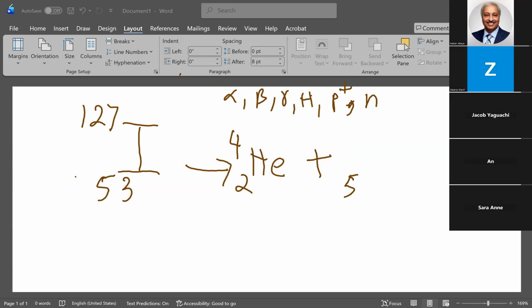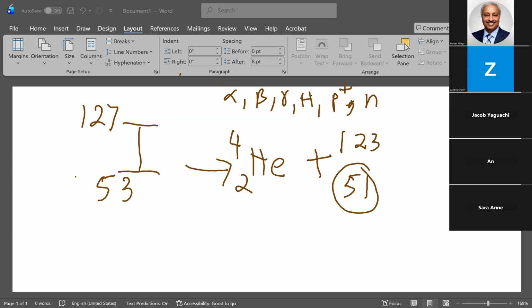53 minus 2 is 51. 51, correct. And what will be the atomic mass of this? 127 minus 4 is 123. Correct. What's the name of this element with the atomic number? Always the atomic number will give us the element.